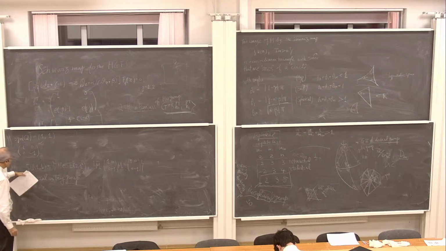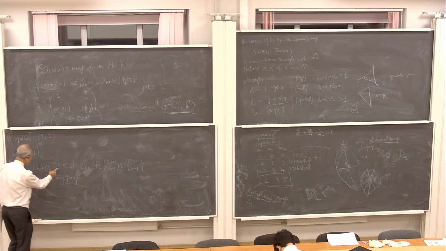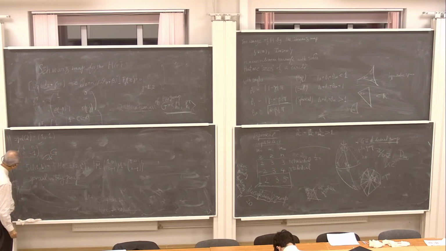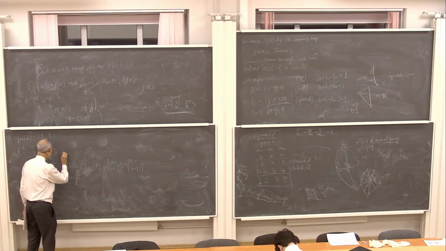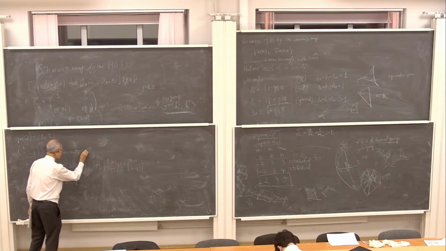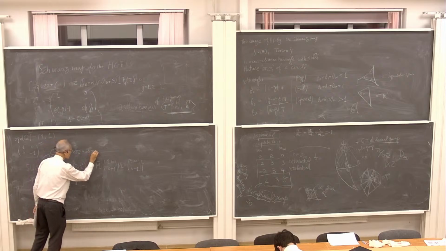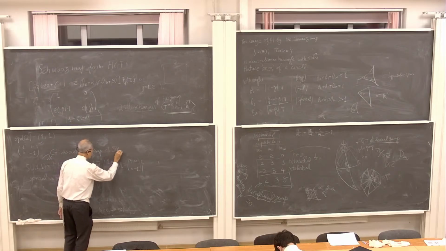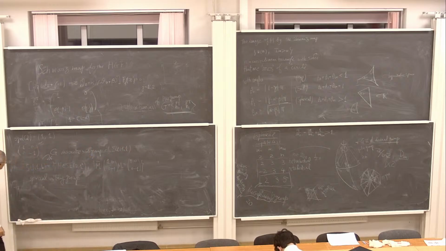So our monodromy group is a subgroup of the special unitary group, but it is a discrete subgroup of SU(1,1).